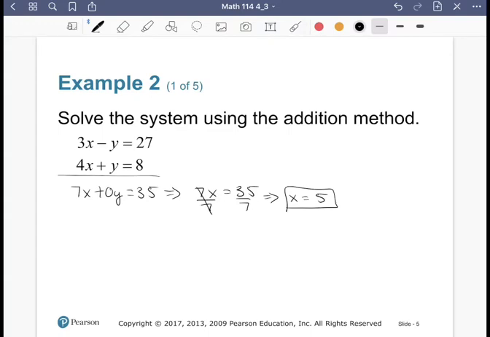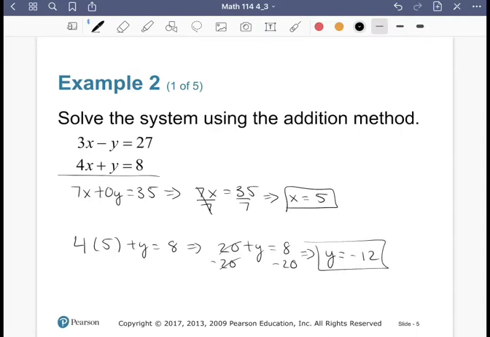So we're going to put in 4, but I already know the value of x, which is 5, plus y equals 8. 4 times 5 is 20, plus y equals 8. And 8 minus 20, because we're subtracting this time, will give me y equals negative 12. So my answer for this one is (5, negative 12).